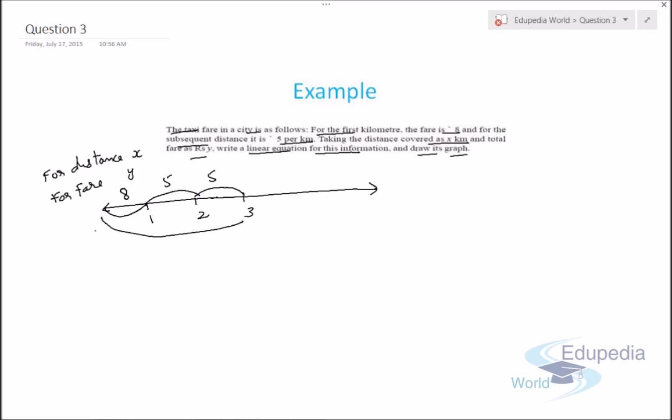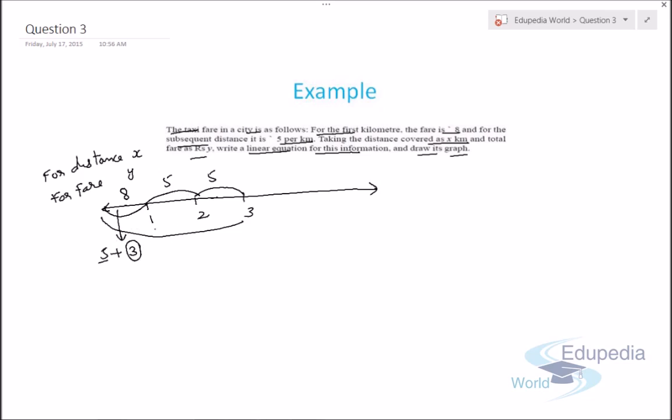So we can see clearly in the question, for the first kilometer the fare charge is 8 rupees. If we divide the fare for the first kilometer in two parts as 5 plus 3, we can clearly see that the taxi charges rupees 5 for every kilometer, but it has a fixed cost of 3.